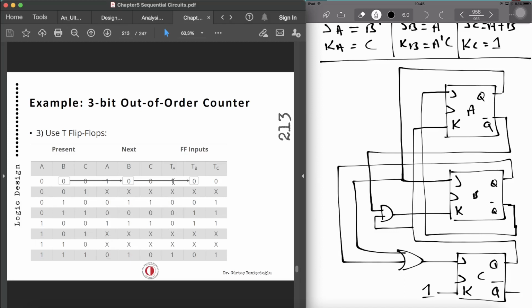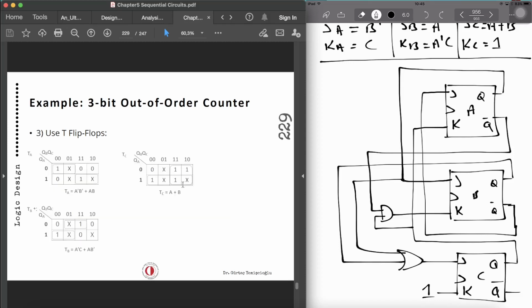Then 0, 0 not toggling, don't care, 1, 1 not toggling, 1, 0 toggles, 0, 1 toggles, don't care, and 1, 0, 1, 1 also not toggling. So 0, 0 not toggling, don't care, 0, 1 toggles, 1, 0 toggles, 0, 1 toggles, don't care, and 1, 0 toggles as well. And again, we have to extract TA, TB, and TC to the K-maps.